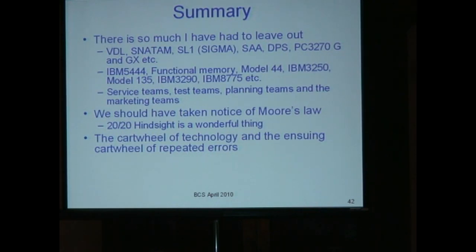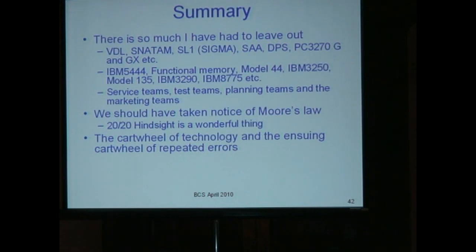PT3270G was sort of halfway between a 3270 terminal and a PC. It had a bit of each in it. It did graphics, because that's what G stood for. The hardware side, 5444 was a disk. Functional memory, either a bit is on, is off, or is a maybe. I don't care. Which is the basis of all your address systems in virtual series.